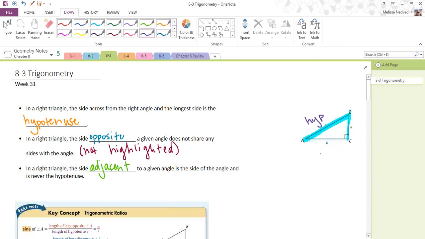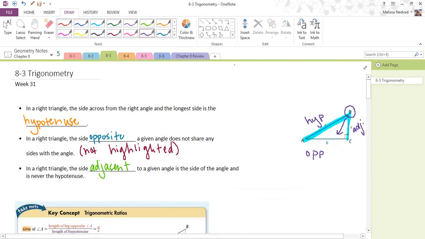So even though I changed my angle to be looking at angle B instead of angle A, my hypotenuse is still side AB. My opposite side is the side across from that angle. It's the side that does not get highlighted. So notice I highlighted angle B. Side AC then is my opposite because it is not highlighted. And then the remaining side is my adjacent side, side BC.